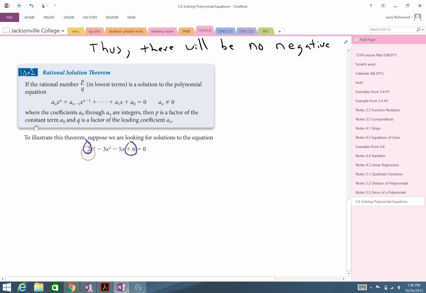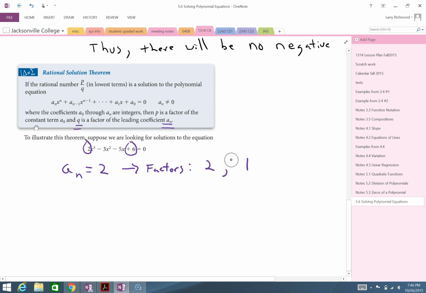The factors of this number, this is our a sub n, we're going to call those q. In this case, our a sub n is equal to 2. The factors of 2 are 2 and 1; 2 times 1 multiplied to give 2.